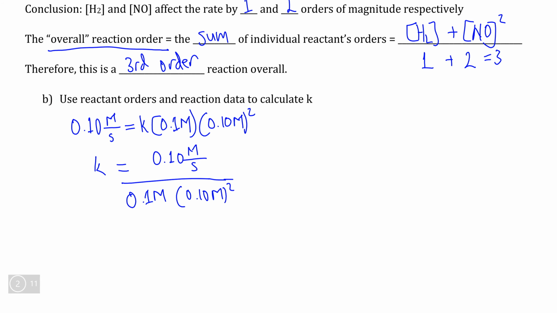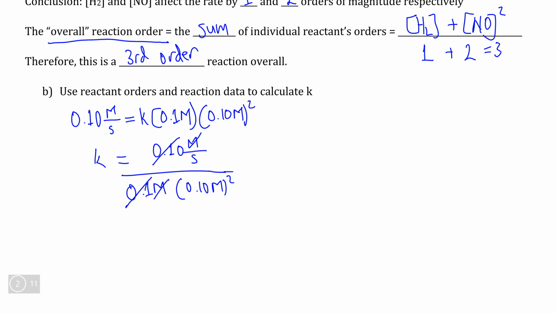Now we can see that we can actually solve this without using a calculator, so we can see that 0.1 in the numerator and 0.1 in the denominator cancel each other out. We also have moles per liter up here and moles per liter down here, which cancel each other out as well, meaning that we can simplify this equation by simply writing 1 over seconds here, because moles per liter cancel itself out.